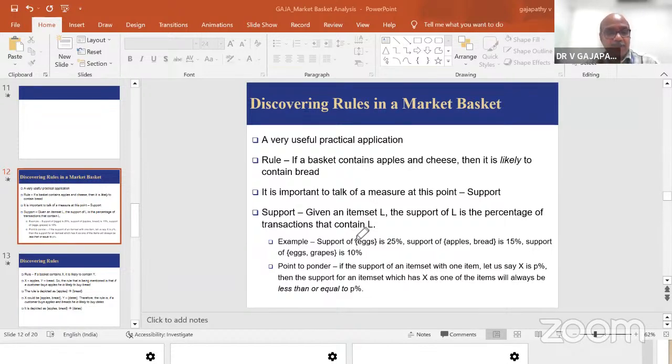Okay, are you getting the point here? Yes, we simply count the frequency out of the total one.